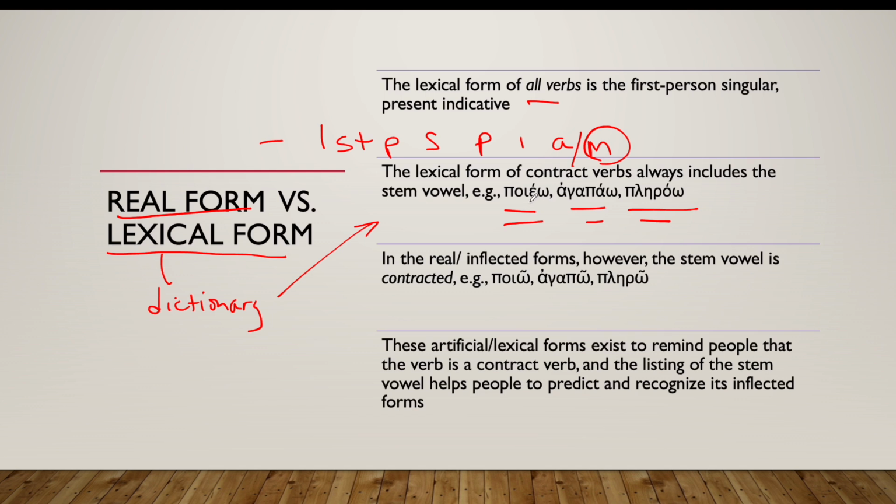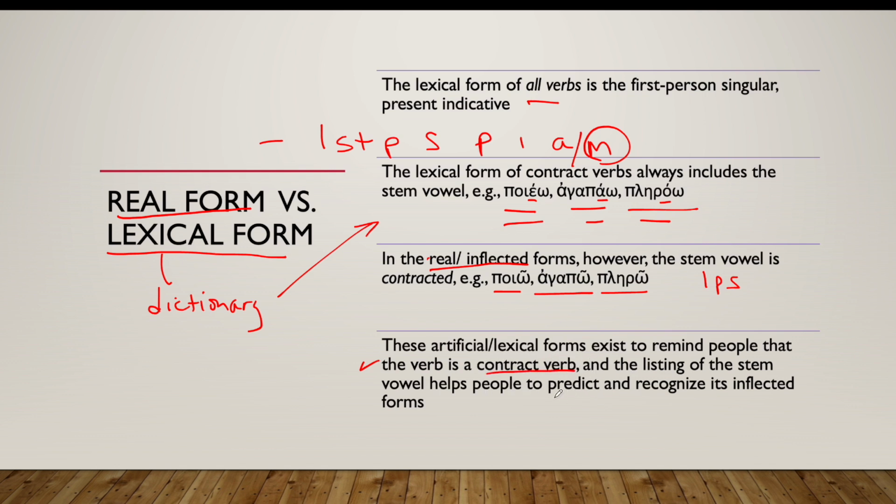However, these forms with the contract vowel intact really aren't the real inflected form for the first person singular. What we see is poio, agapo, plero. So why do we stick this little vowel in here? Well, it indicates first of all that it's a contract verb.